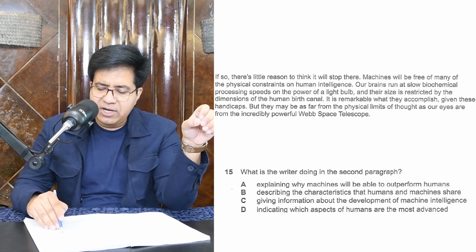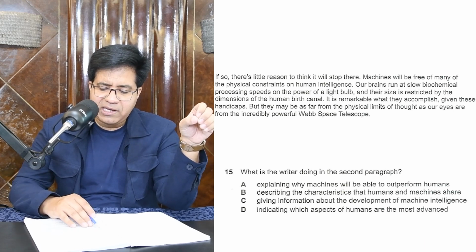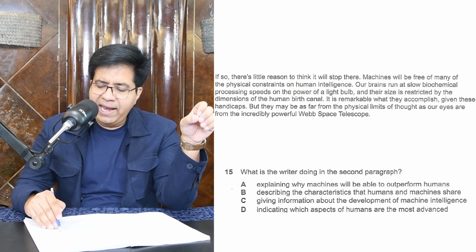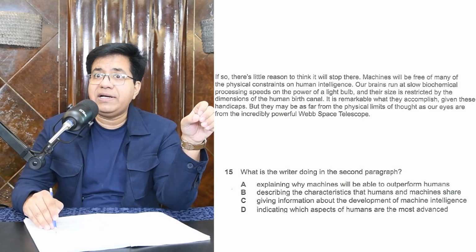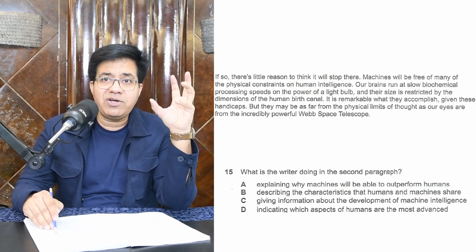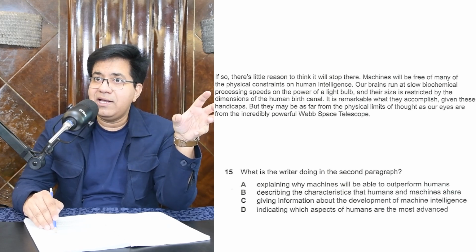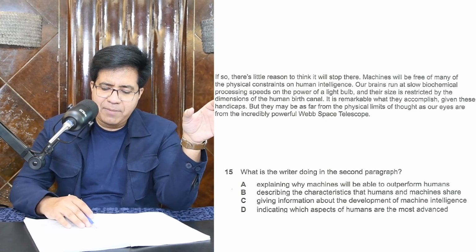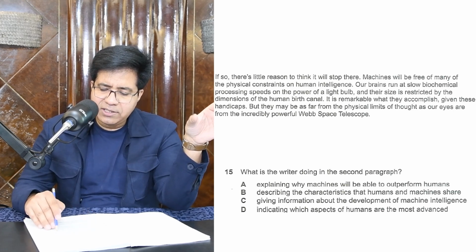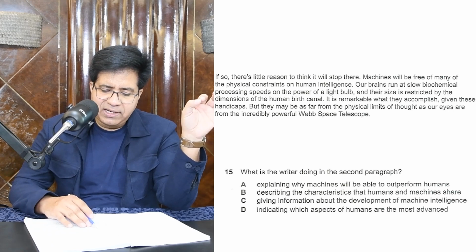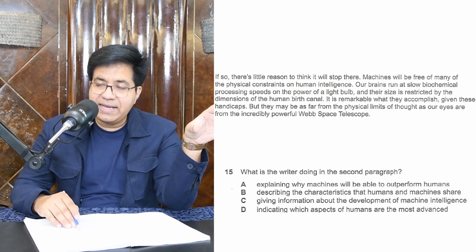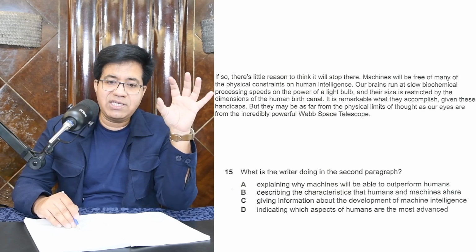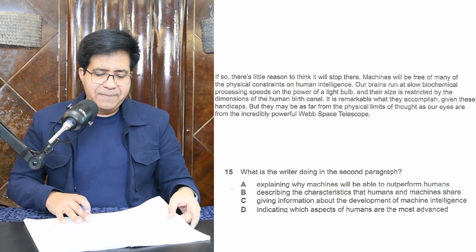Our brains run at slow biochemical processing speeds on the power of a light bulb, and their size is restricted. Now he is talking about the restriction of the human brain. Size is restricted by the dimensions of the human birth canal. So he is talking about the human brain, size is restricted and all that. Now we come back.